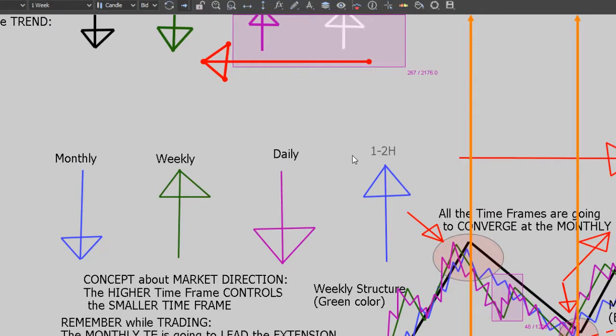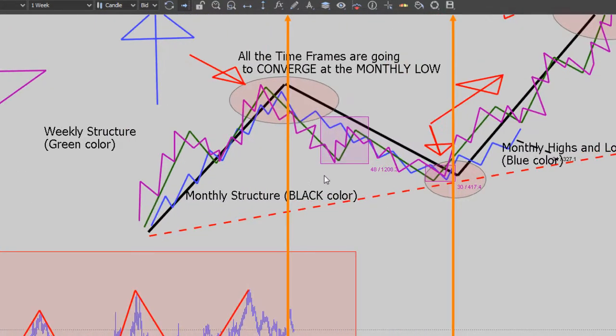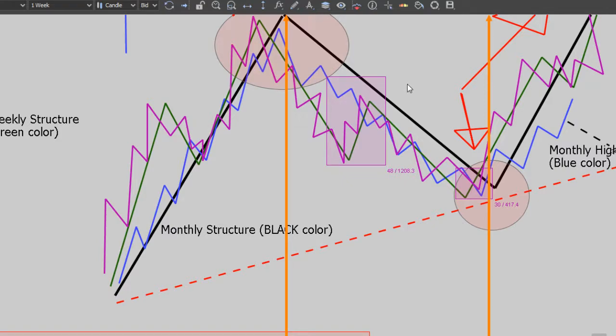Why? Because if the higher time frame controls the smaller time frame, what is going to happen here at this exact point in time? If the higher time frame controls the smaller time frame, the weekly, which controls the daily and the 2 hour, 1 hour and lower, because it's in a structural downtrend, the weekly is going to find a high here.